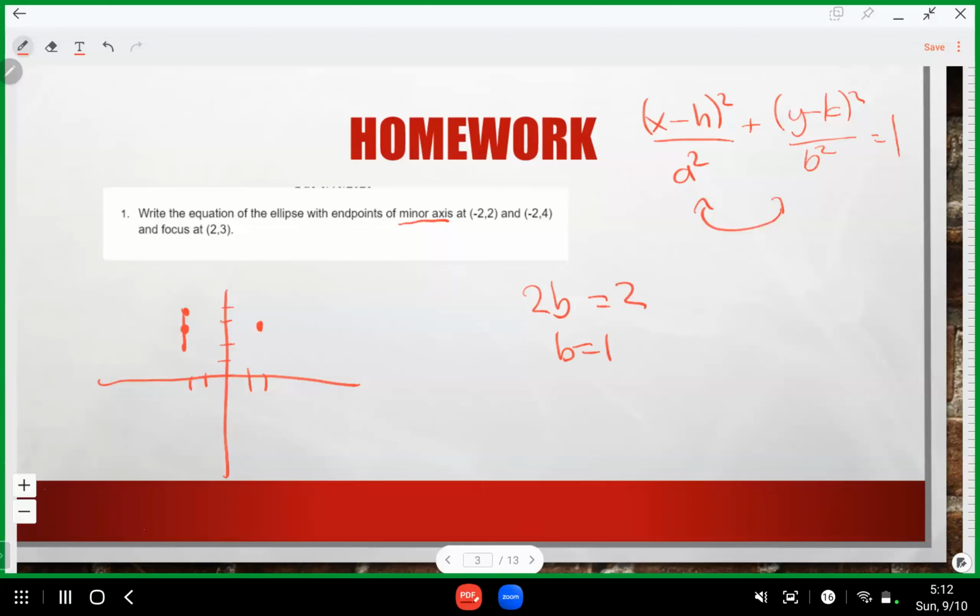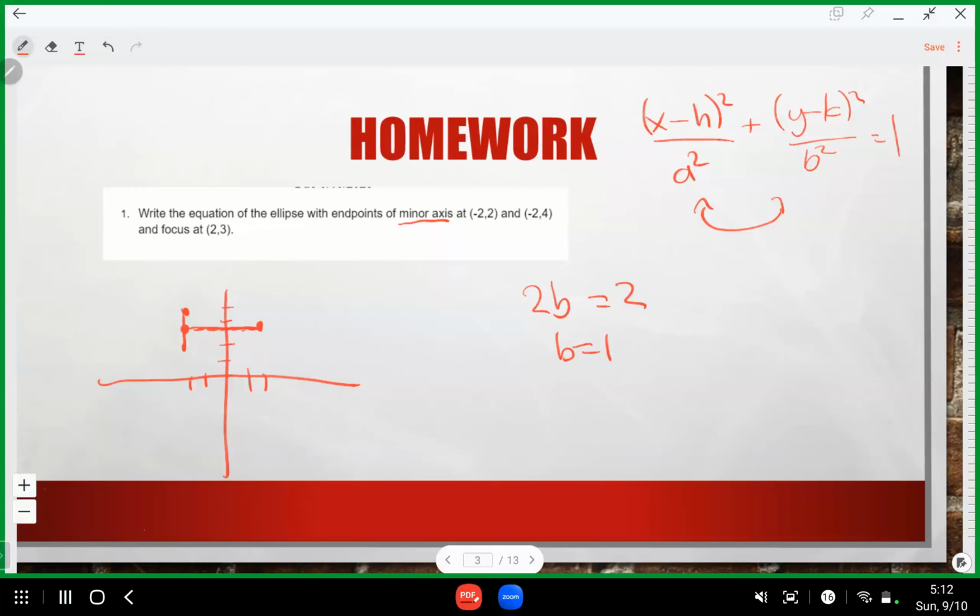So we know that b is equal to 1. We don't know a, but we know it's under x. We also don't know the center yet, but we can find it. But we know c because we're given the focus, and the focus is going to be on the major axis. c is going to be the distance from here to here, and that's 1, 2, 3, 4.